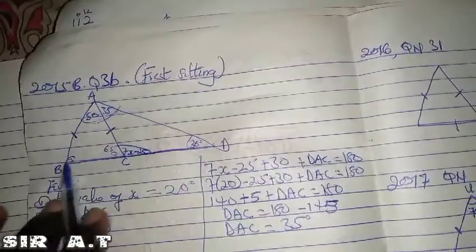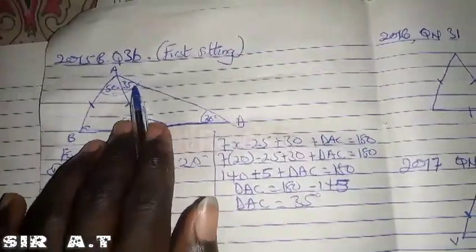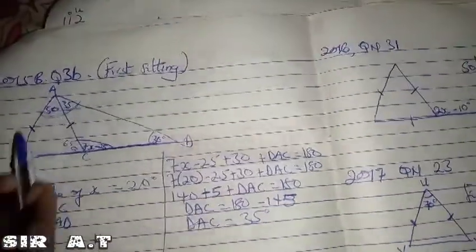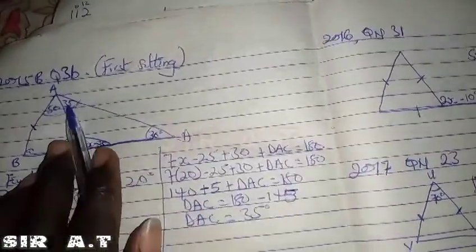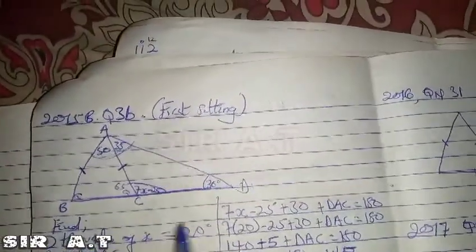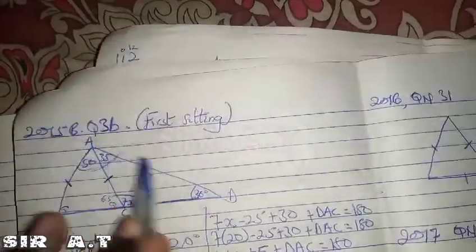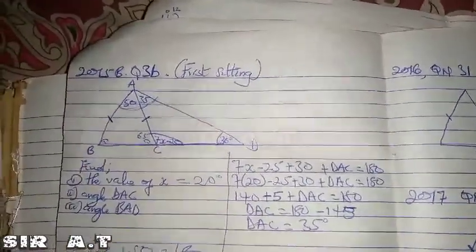So you are going to join this together. Knowing this to be 50, you have also worked out DAC, which is 35. So this angle is 35. So you put these two together, you are getting BAD. That is 50 plus 35, you are getting 85.